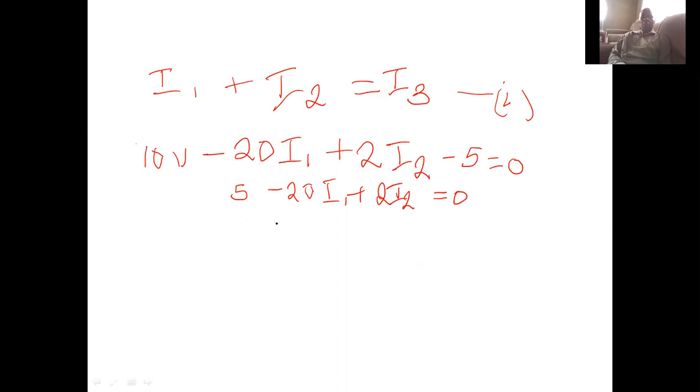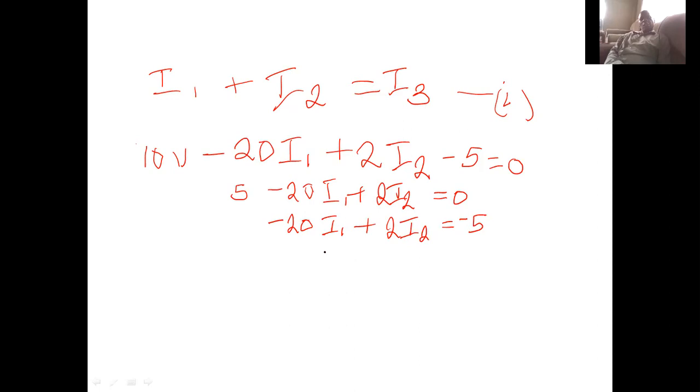Can we further simplify this equation? You can say 20 minus i1 plus 2i2, current 2, is equal to negative 5. If we bring the 5 this side.